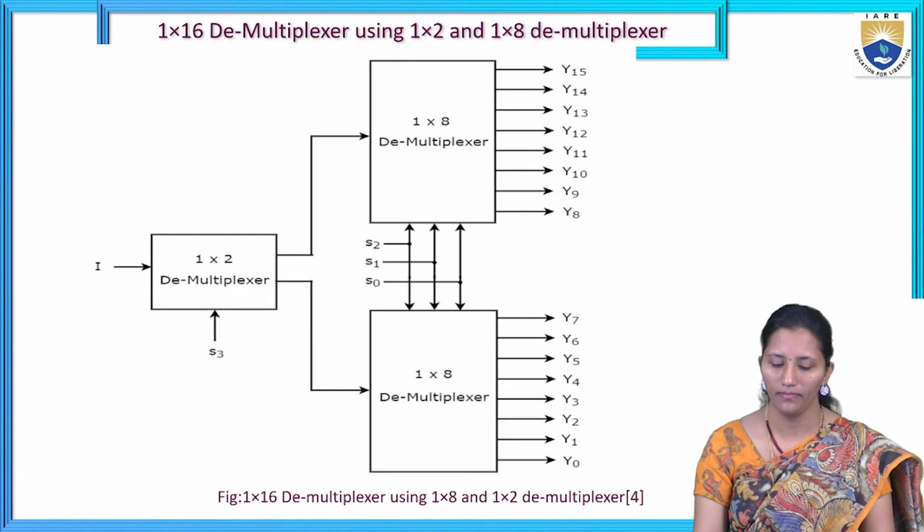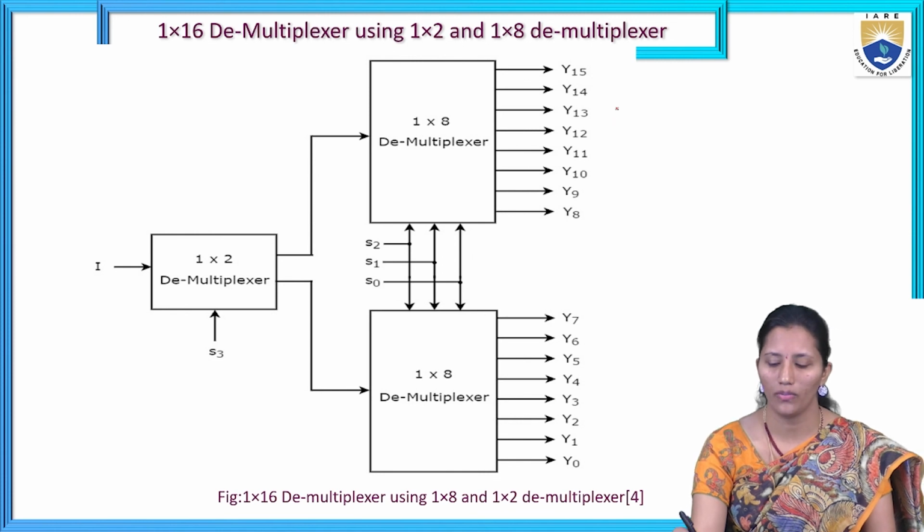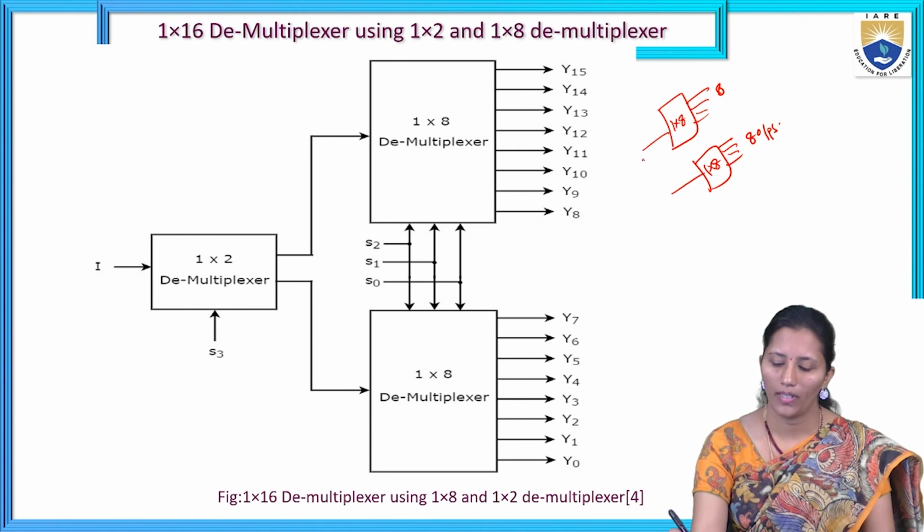Okay, so this is the 1 to 16 demultiplexer using 1 to 8 and 1 to 2 demultiplexers. So here in total we have to get 16 outputs. 16 outputs means one 1 to 8 has 8 outputs and another 1 to 8 has 8 outputs. Okay, to get these two inputs, we have the 1 to 2 demultiplexer.